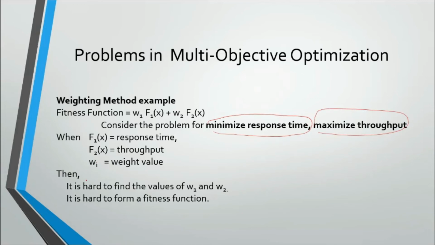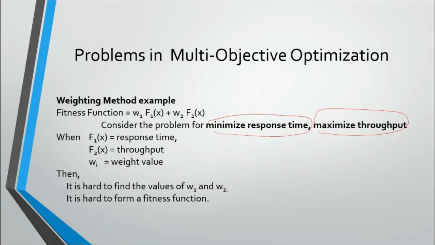The problem with this type of representation is that it is hard to find the values of W1 and W2. How will we find out the values of the weights? That is difficult. If we give more importance to response time, then the weight of that one should be higher. And if we give more importance to the throughput, then the weight W2 should be higher. So it is difficult to find the values of W1 and W2.